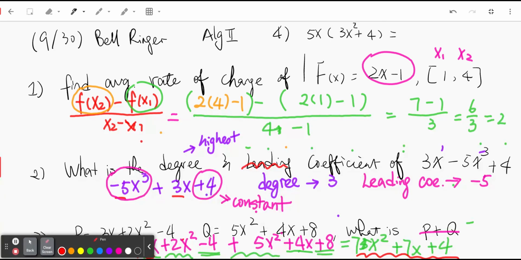How do you distribute? Remember, draw your arrows. So 5x times 3x squared and 5x times 4. So 5x times 3x squared, 15 what? 15x what? x squared or x cubed? Because 5x, the x has a power of 1, okay?